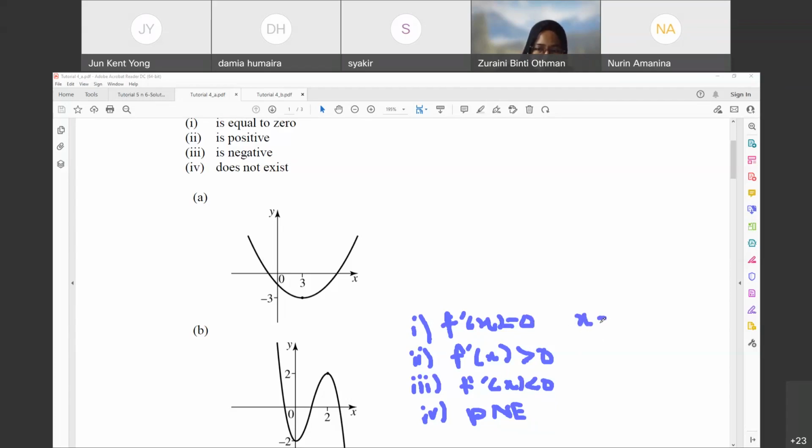X is 1. 1. Okay, and ada tak lagi? Dia sama dengan kosong, meaning that it horizontal. Lagi tak?